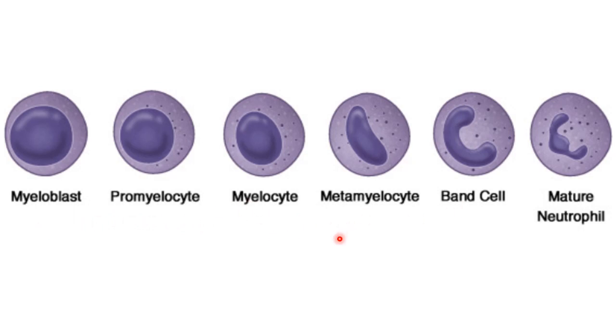Okay? Kapag sinabi natin shift to the right, mas marami naman yung mature in relation with the numbers of your immature cells. So, ganon ang tamang usage of the term.